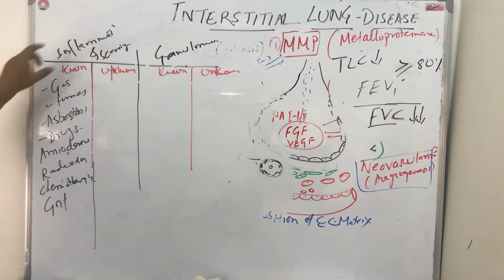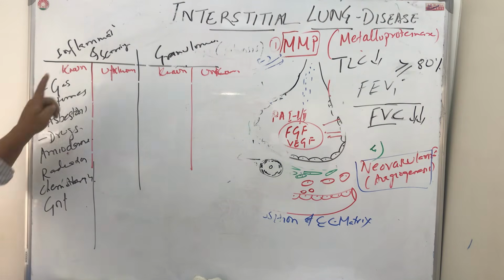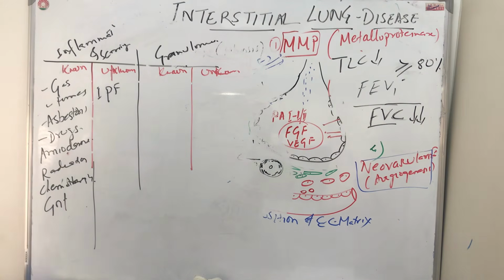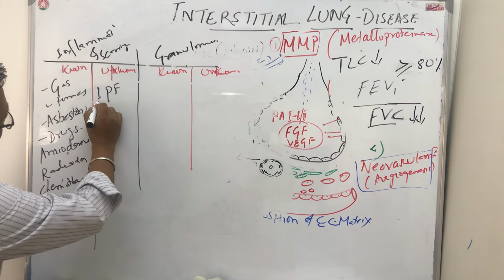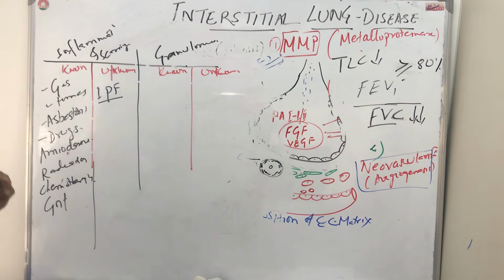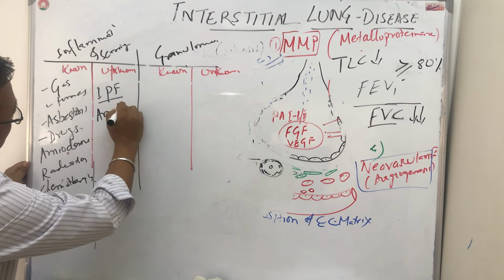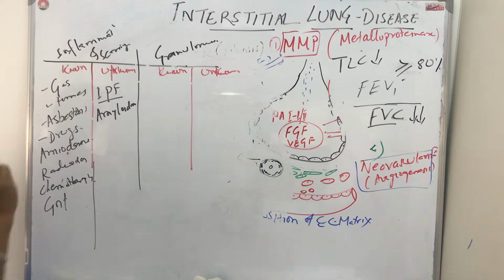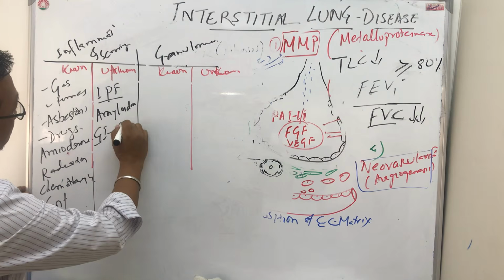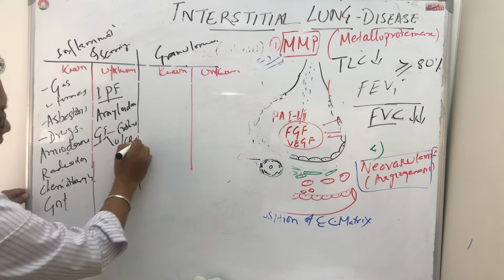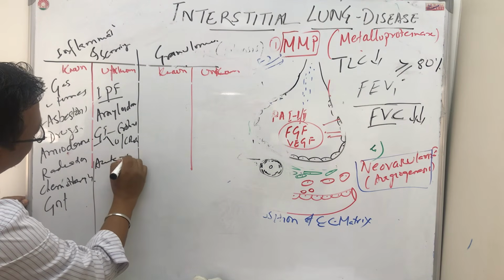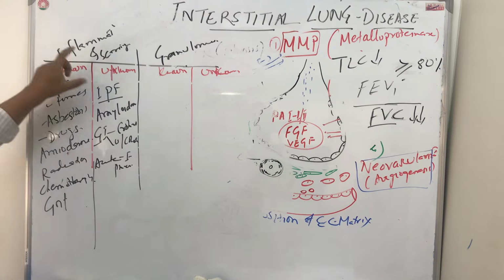These are all known causes of inflammation and scarring. Unknown causes of inflammation and scarring include idiopathic pulmonary fibrosis, some sort of amyloidosis, then GI disorders like Crohn's disease, ulcerative colitis, and acute interstitial pneumonia. This comes under unknown classification.